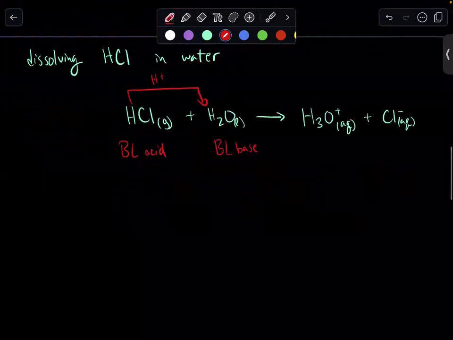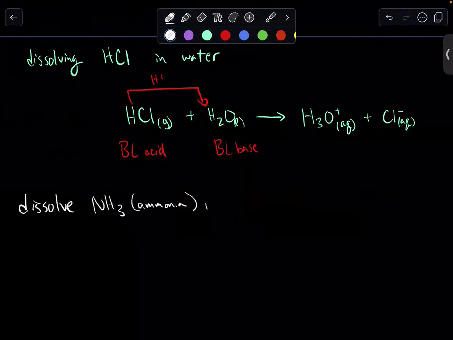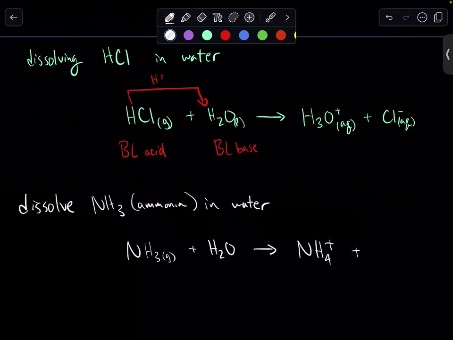We can actually look at it the other way with bases. So now we'll say we dissolve ammonia, NH3, in water. So now we have ammonia, also a gas, plus H2O, reacts to form, and this would produce ammonium, NH4 plus, and hydroxide.